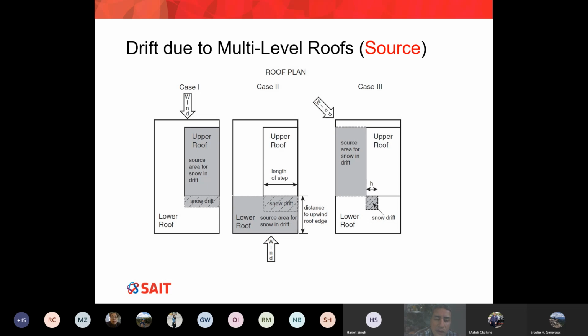The wind will hit the lower roof portion, which is currently shaded, and then will cause accumulation wherever shown. Now the last part, if the wind comes at an angle, you can see in case number 3, the wind comes at an angle like 45 degrees, and it will take some snow off the lower roof, and it will do some accumulation on the same area.